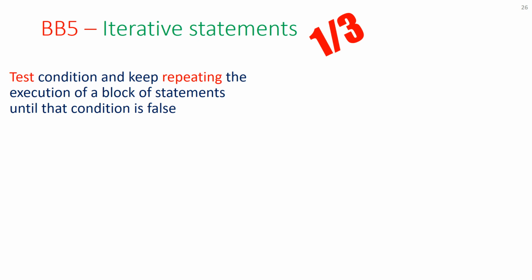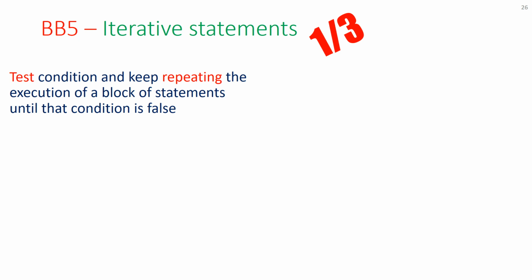Okay? So the last one is the iterative statement. To iterate means to repeat. So iterative statements are loops. With the conditional statement, we saw that there are statements that are composite. My if statement contains 2 blocks of code, and it decides which block gets executed when it runs.